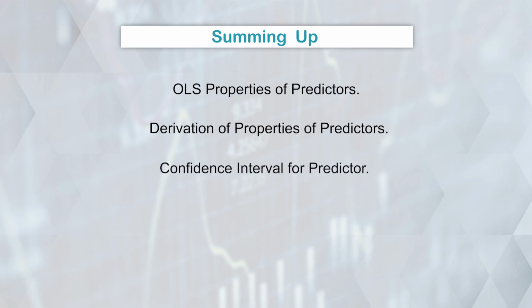And then we are interested to find out the confidence interval of the predictor that goes with the hypothesis testing. That means whether we go for a one-tailed test or a two-tailed test, we reject the null hypothesis if the computed value of the t is exceeding the table value, depending upon the sign of the alternative hypothesis. So finally, in this module, the predictor properties and the confidence interval are greatly elaborated.